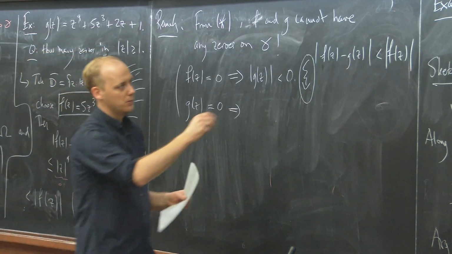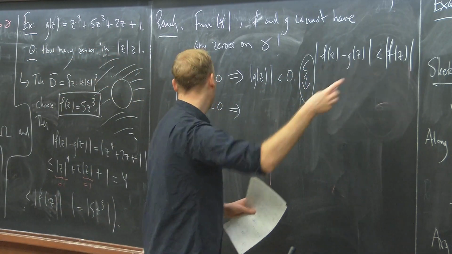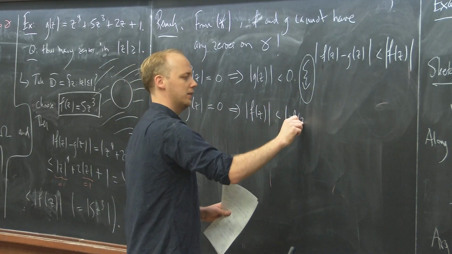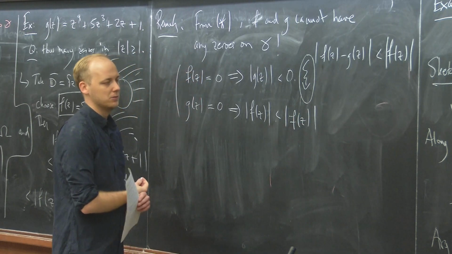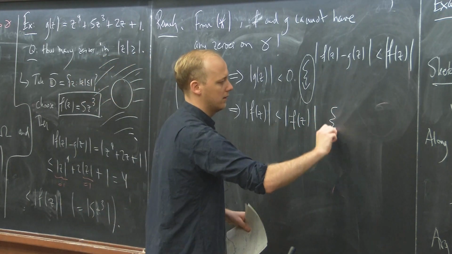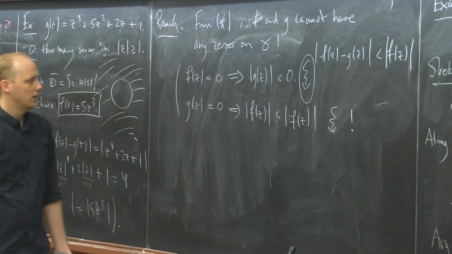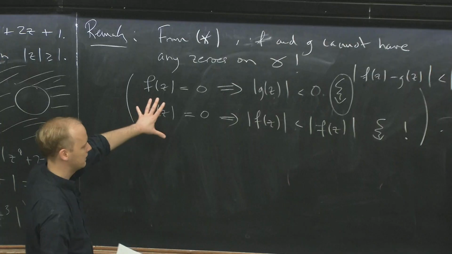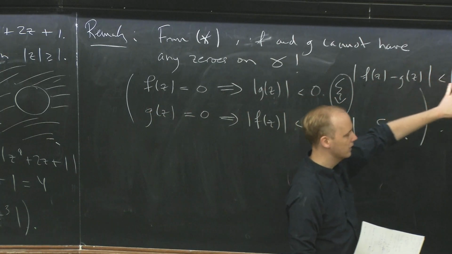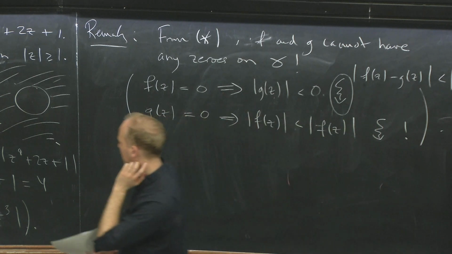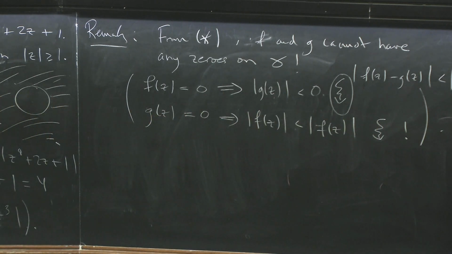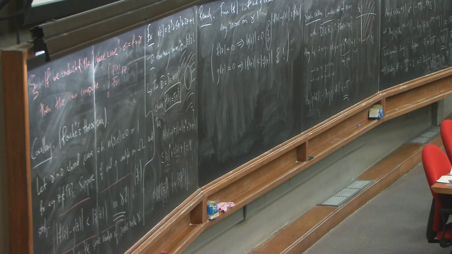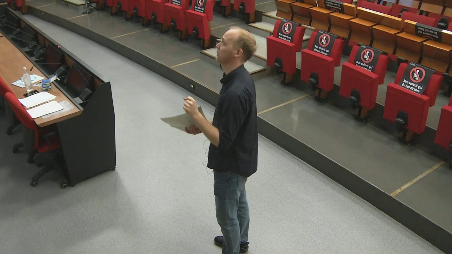Well, then we put this here, and it would say that the absolute value of f of z is strictly less than the absolute value of f of z. And this is, again, a contradiction. So this shows that as soon as you have this kind of strange condition from the statement of Rouché's theorem, there can be no zeros on the boundary of the disk, on the curve gamma itself.